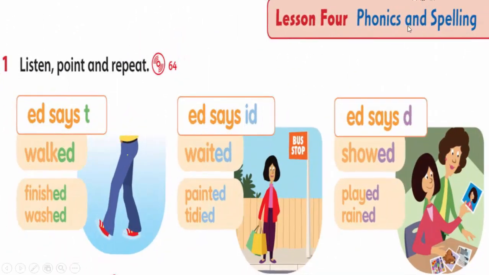Lesson 4, phonics and spelling. Listen, point and repeat. Ed says t. Walked, walked. We pronounce it walked. Finished, finished. Washed, washed.